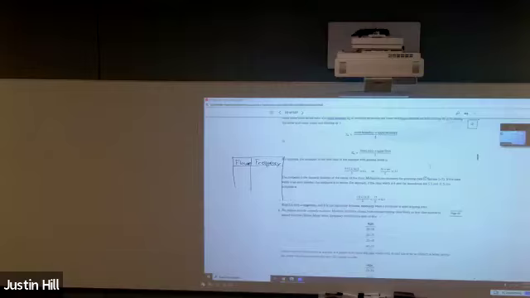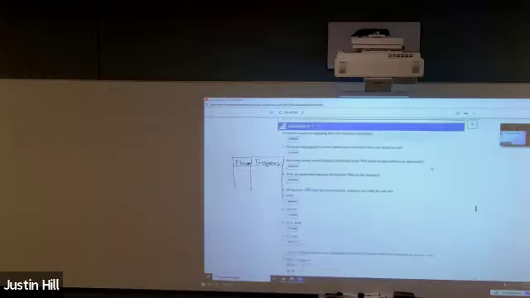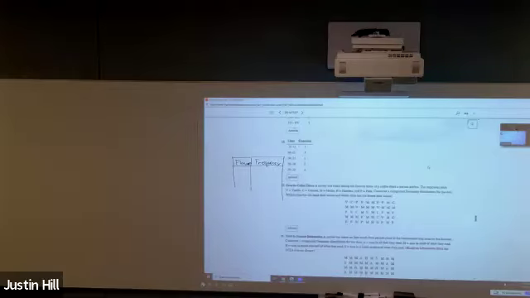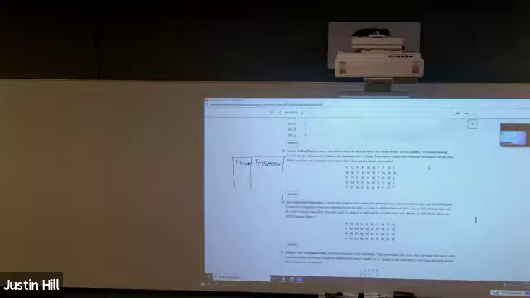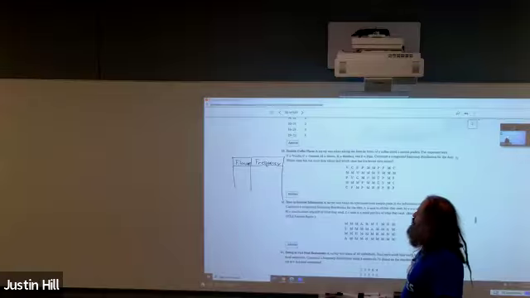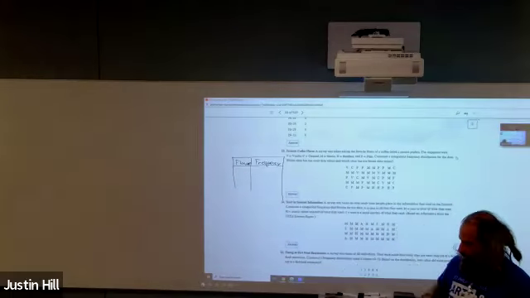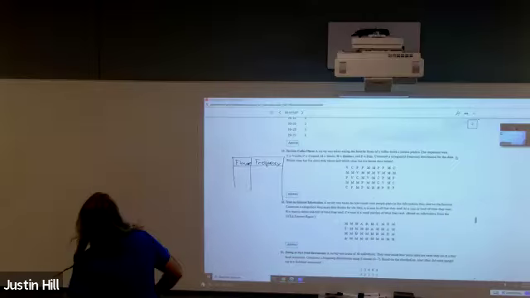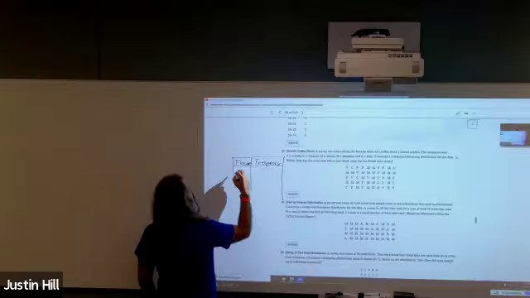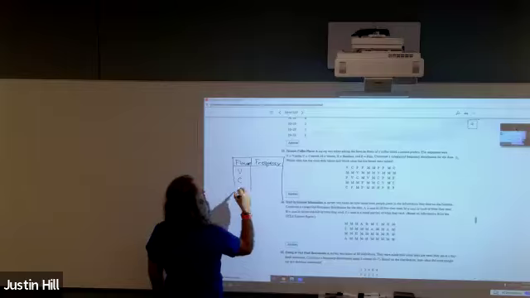Let's go back to the problem though. Let's get this frequency distribution, this frequency table made. I'm going to write down the categories for the flavors, and then I'm going to count these up. The problem tells us the categories are vanilla, caramel, mocha, hazelnut.